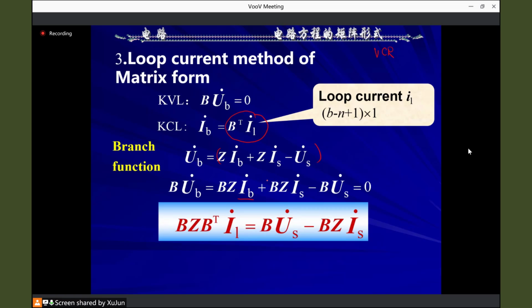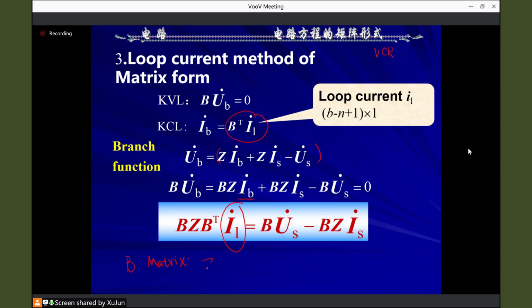We can go to the function B Z B transpose IL equals B US minus B Z IS. For this function, only IL, the loop current I, is a variable. US and IS are sources. B transpose, B is a matrix, the loop matrix.